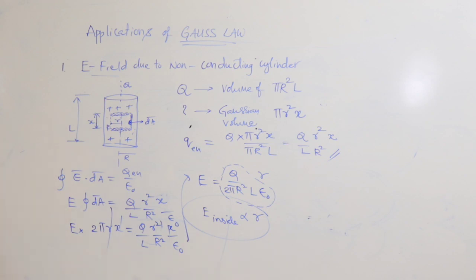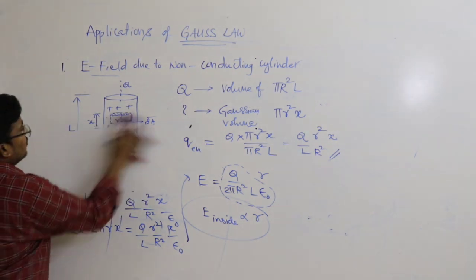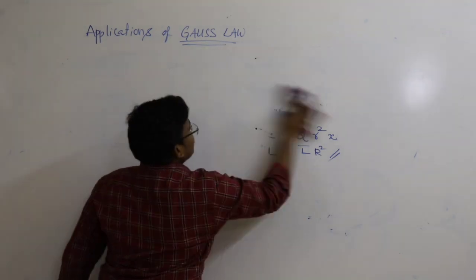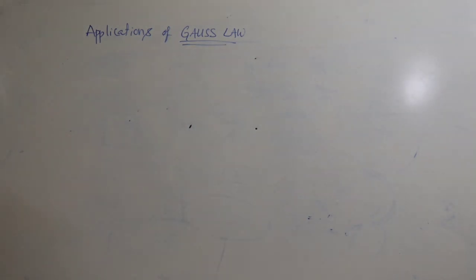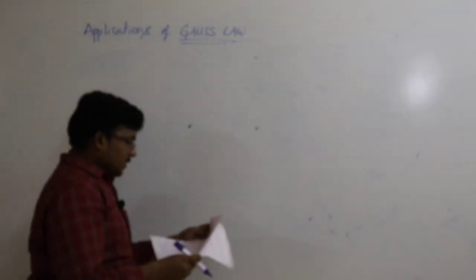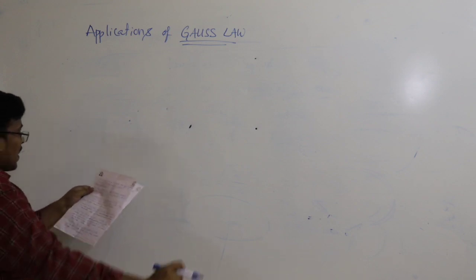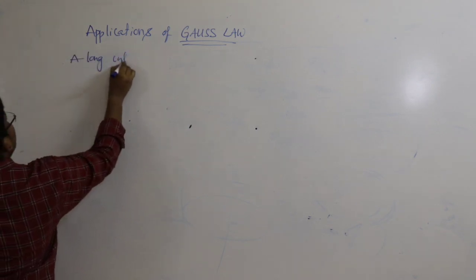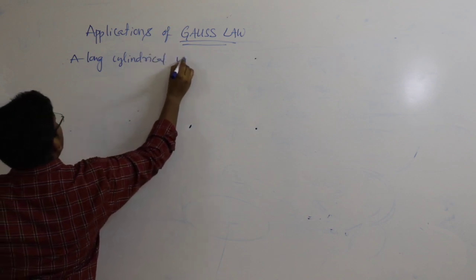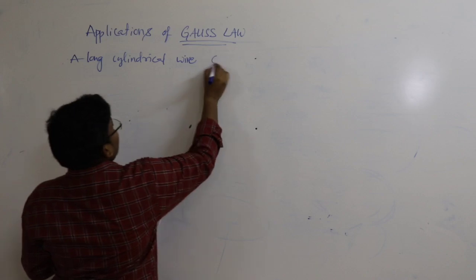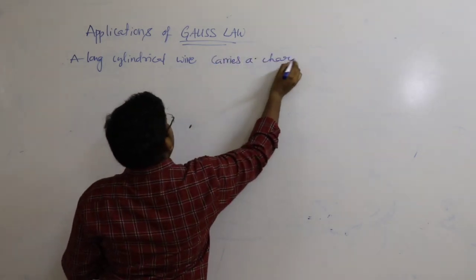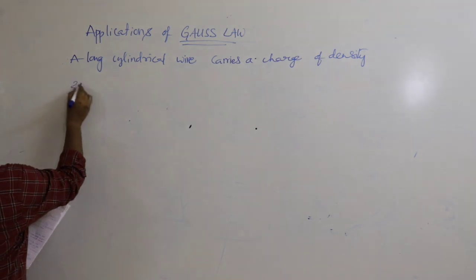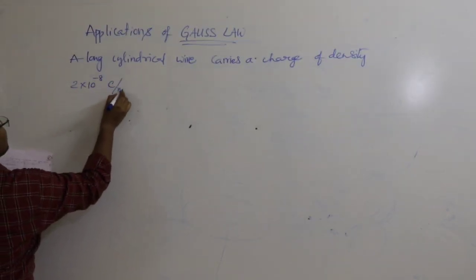Okay, we will see one problem based on the rods. See, a long cylindrical wire carries a charge density of 2 into 10 power minus 8 coulomb per meter.